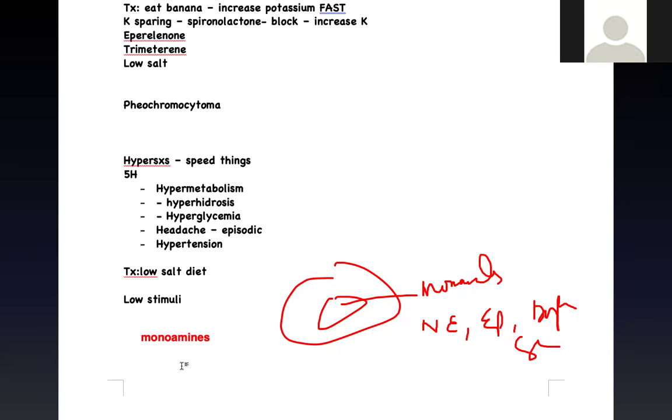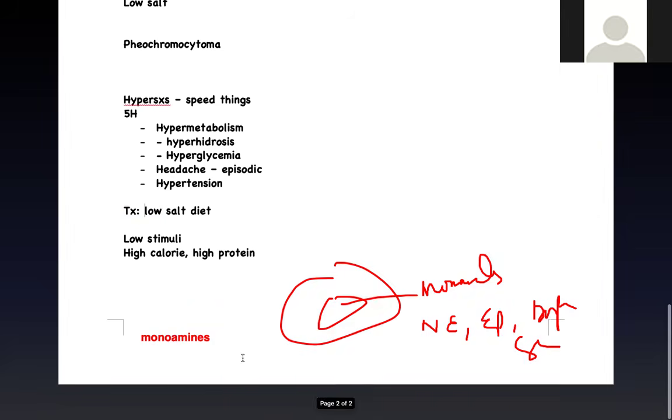They have really high metabolic activity going on, so they need a high calorie, high protein diet to compensate for the high metabolism. They should avoid monoamines as much as possible. So these are the things you teach them, and these are the things you have to expect. You will see in the questions that they're going to ask you.